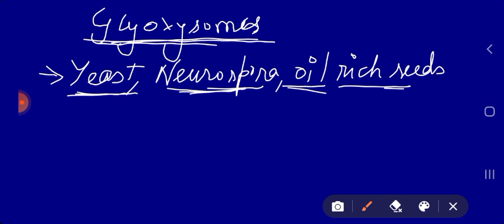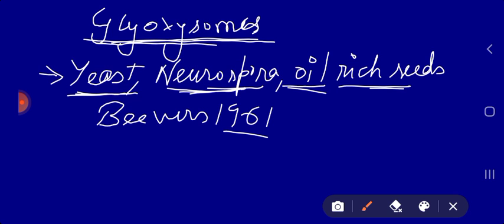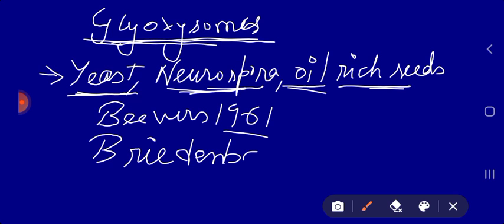More about their function. Glyoxysomes were actually discovered by Beevers in the year 1961 and also studied by Breidenbach in 1967, and they are very small spherical bodies which are found only in plants.